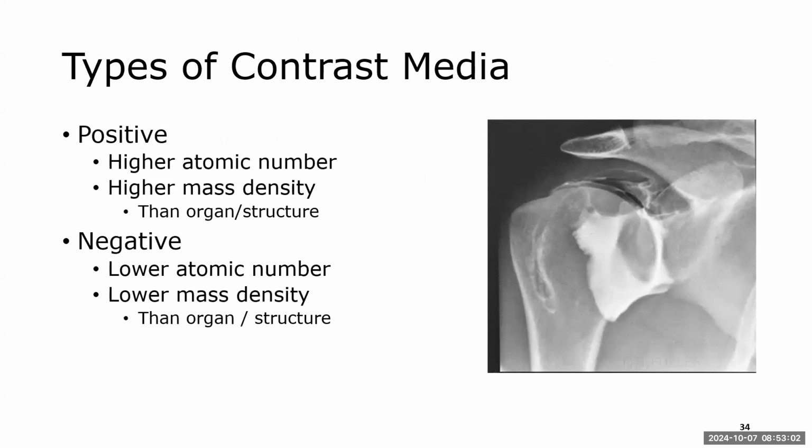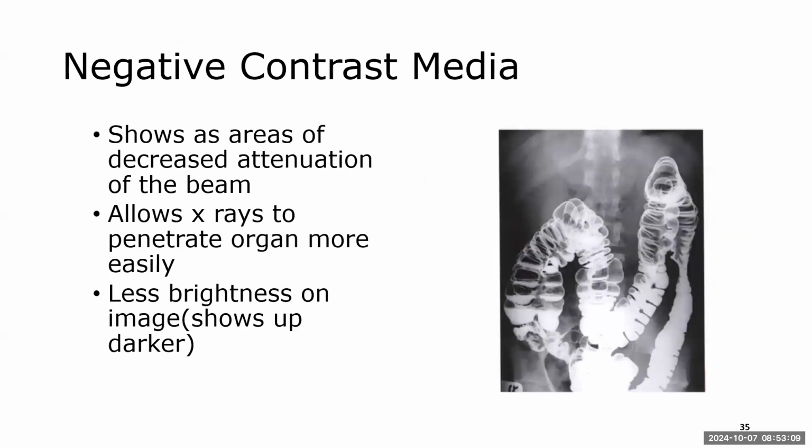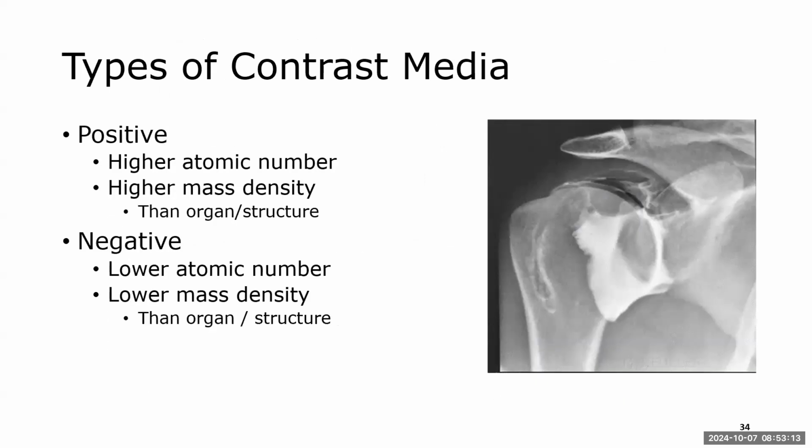So breaking up the types of contrast media, you have positive and you have negative. Positive has a higher atomic number and higher mass density than the organ and structure that you're trying to see, and negative has lower. So let's look at that. You can see in this image, this is an image of a shoulder.